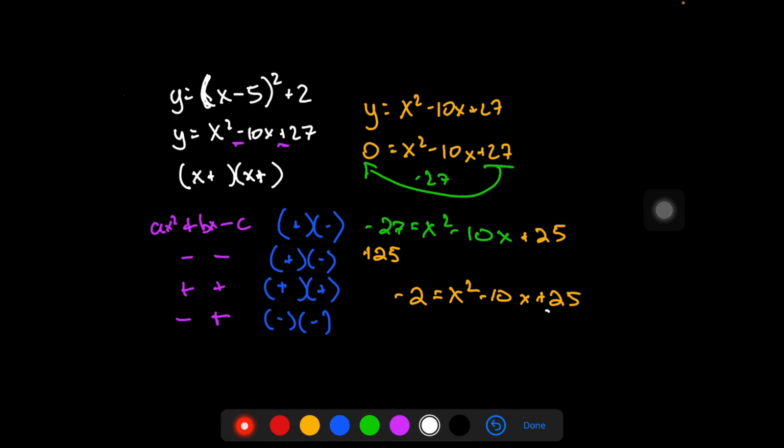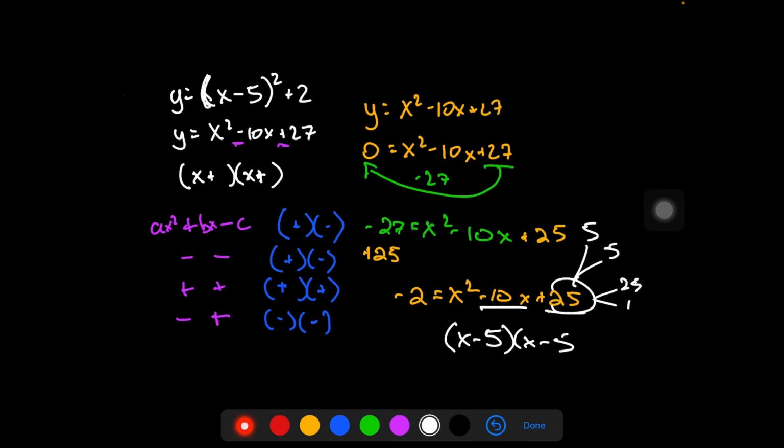Now we've got an easily factored trinomial, because our c term is just b over 2 squared. And so that's what we know will result in something like this: (x minus 5) times (x minus 5). We take the factors here, we've got 5 and 5, we've got 25 and 1.